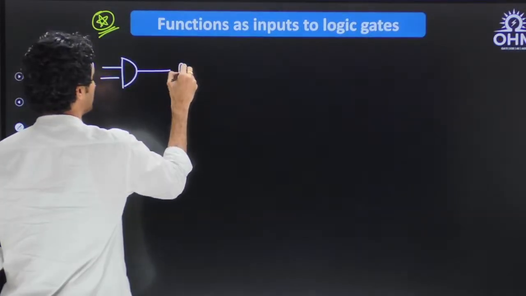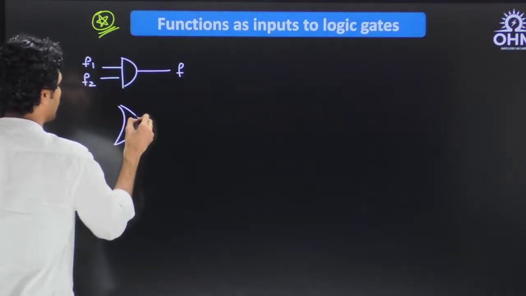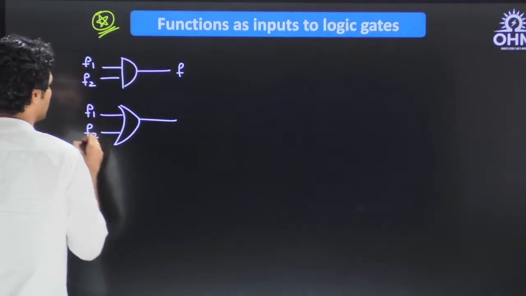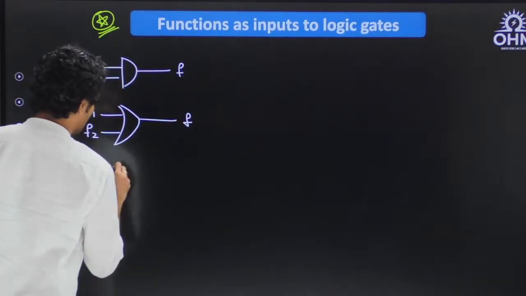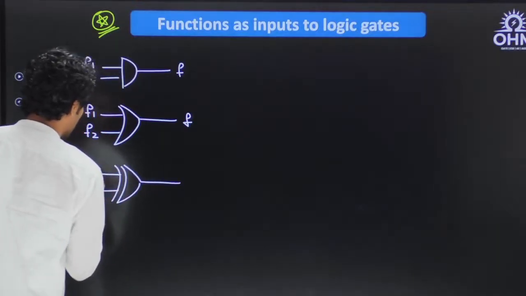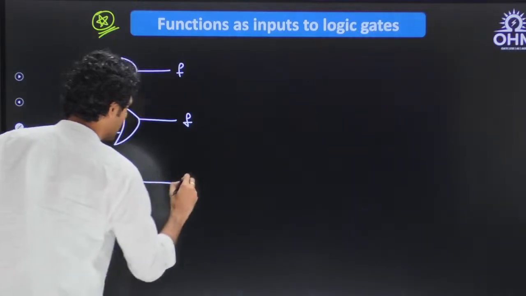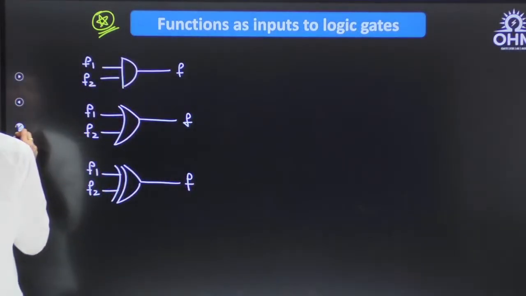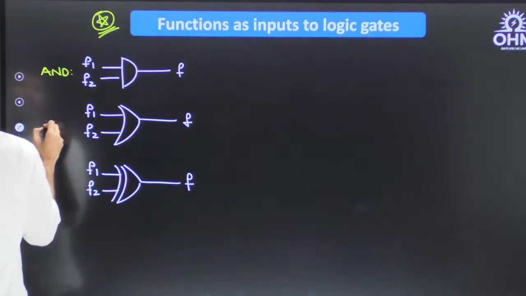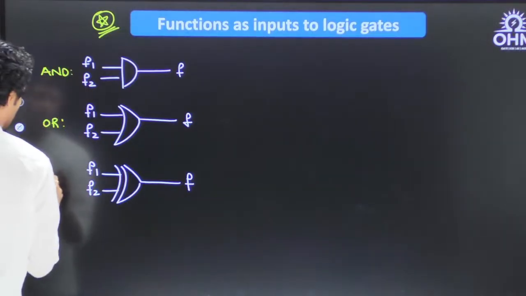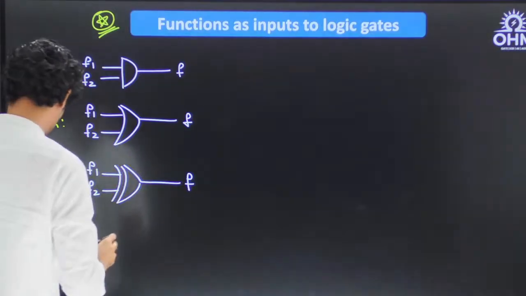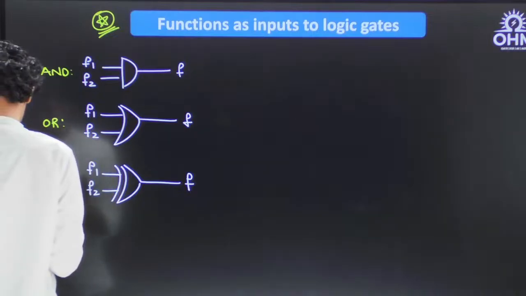The output is F. Next case, I'm taking the OR gate. Inputs are F1 as well as F2 and the output is F. And in the last case we are taking the XOR gate. Inputs are F1 as well as F2, output is F.